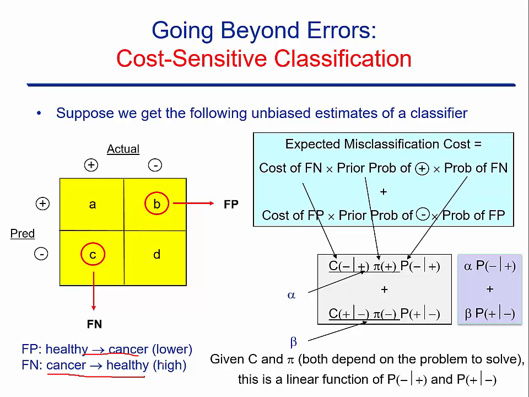Then what is the total cost of our doctors in making mistakes? We cannot simply look at the error rate. The total cost made by a doctor is dependent on how good the doctor is.